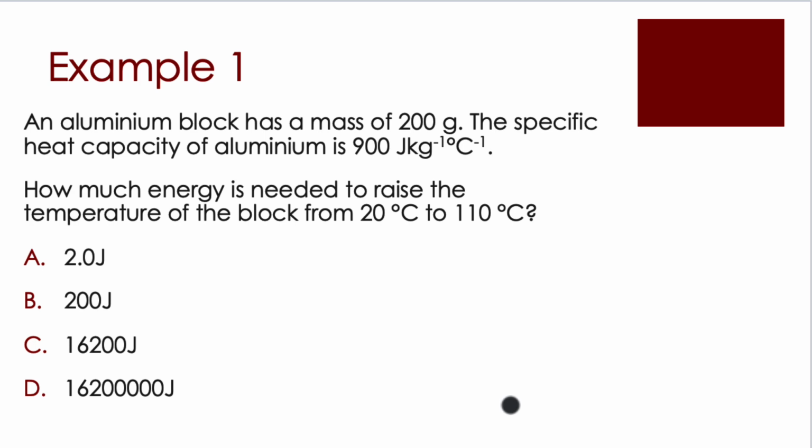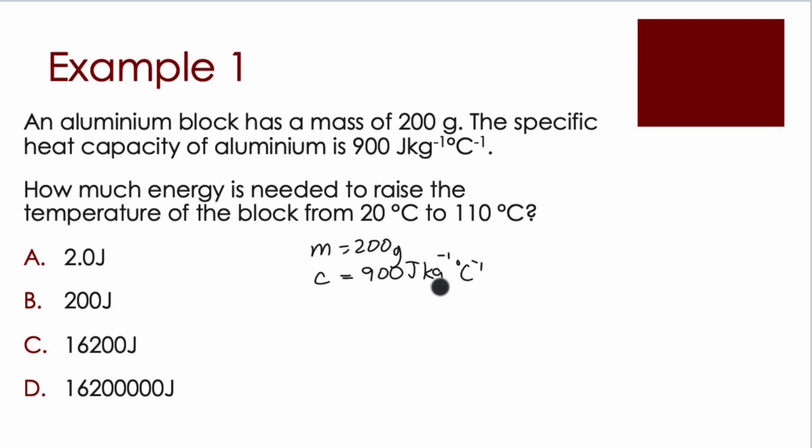So now that we know how we can calculate the specific heat capacity, let's do some more work with our equation. So in this case, we've got a mass of 200. It tells us the specific heat capacity, so that's C. Joules per kilogram degrees Celsius.